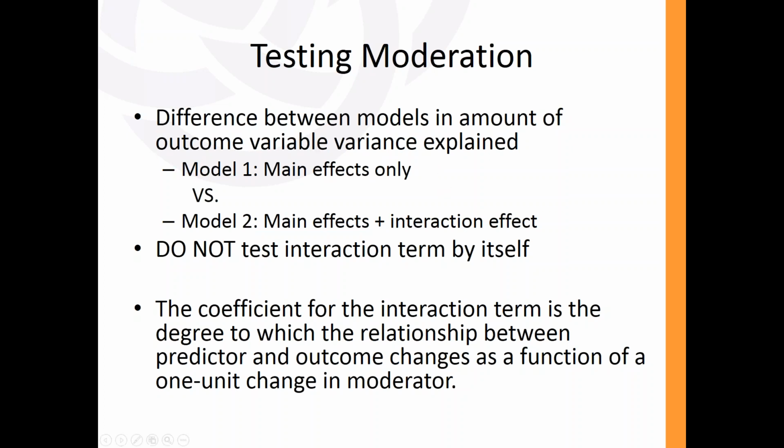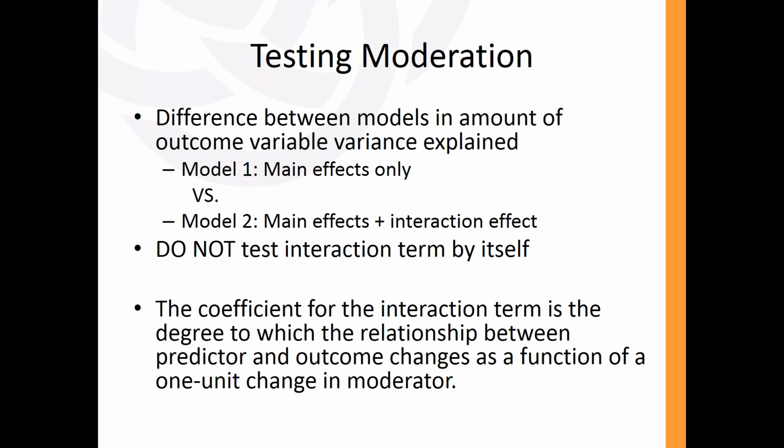Main effects are basically, is the independent variable significantly related to the outcome? Is the moderator variable significantly related to the outcome? That's model one. Then in model two, you have the main effects, but you also add the interaction term, where you multiply them by each other. So then you have all three in the model at once, and you compare that to the first model.